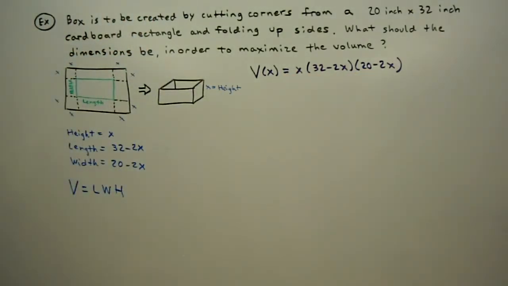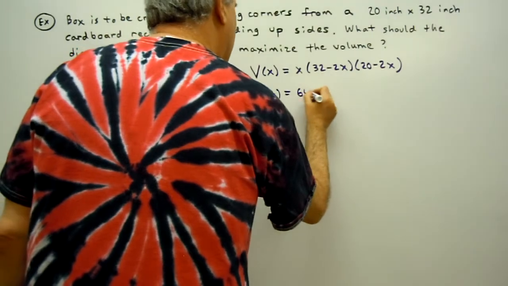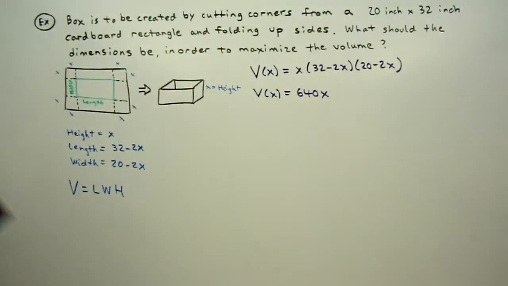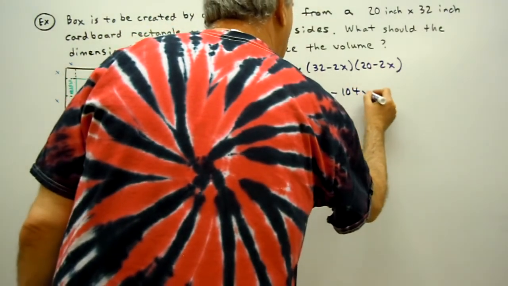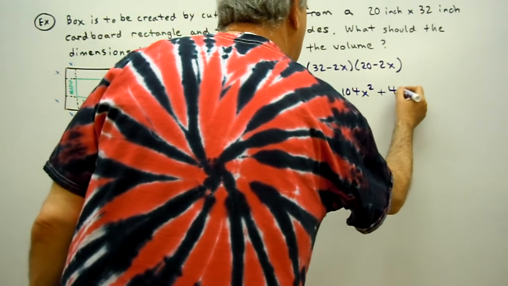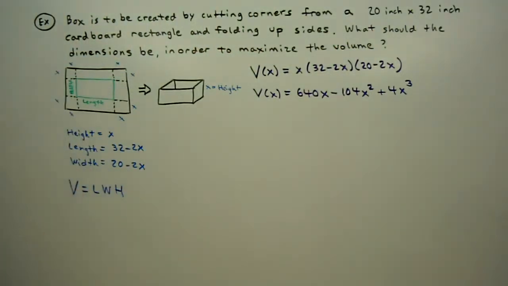And therefore, multiplying all of that through, the volume is going to be 640x minus 104x squared plus 4x to the third. That would be the volume in terms of x, because of course the length and the width depend on x, the side of the square that we're going to be cutting away from the corners.